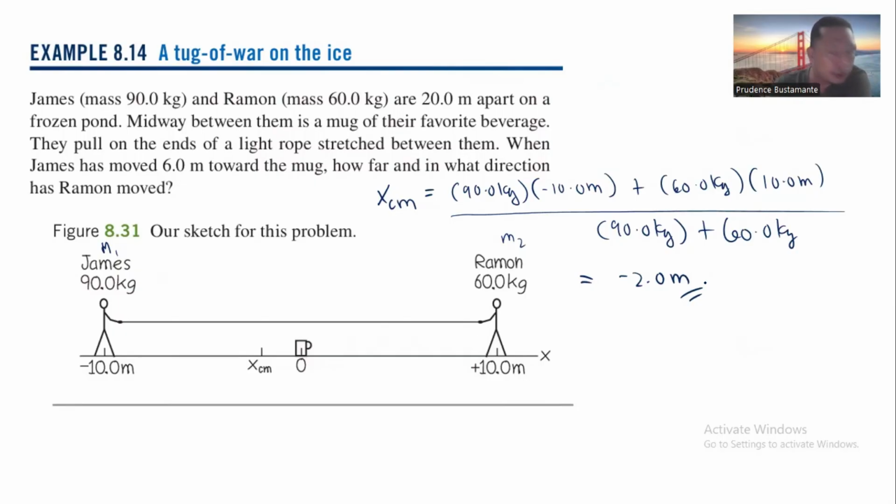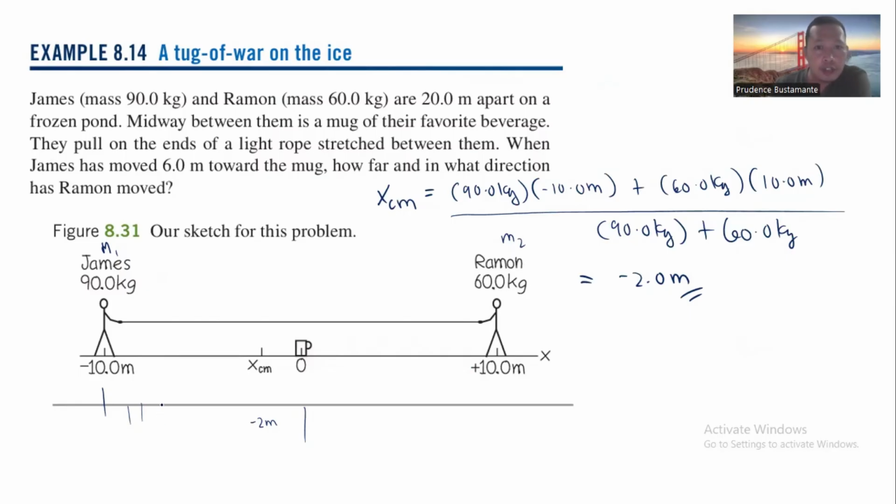So when James moves 6.0 meters towards the mug, starting from negative 10, the new coordinate is negative 4.0.